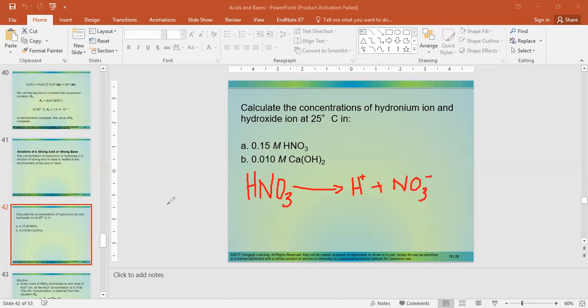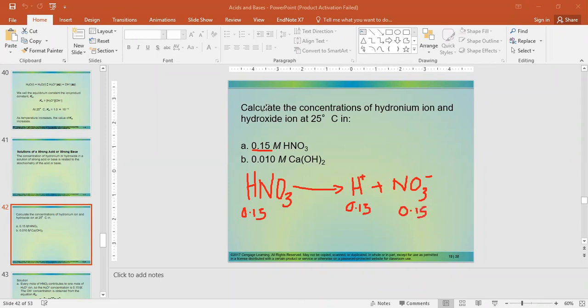Is this equation balanced? Yes, you realize that the equation is balanced as written. So 1 mole of the nitric acid is going to give us 1 mole of the protons, or 1 mole of the hydrogen ions, and 1 mole of the nitrate ions. So if we have 0.15 moles here, it means that we are going to get 0.15 and 0.15.